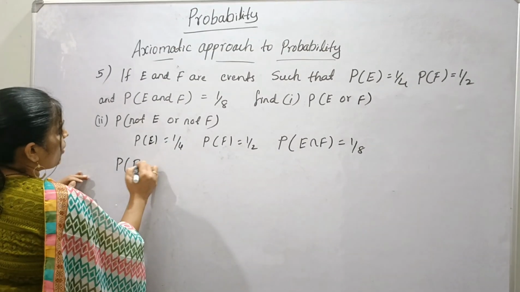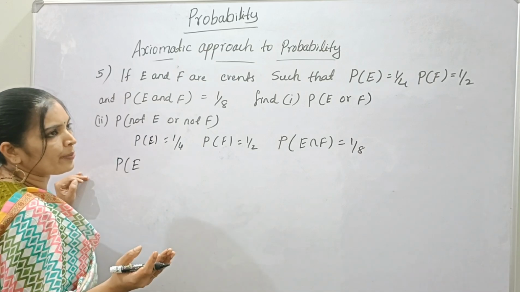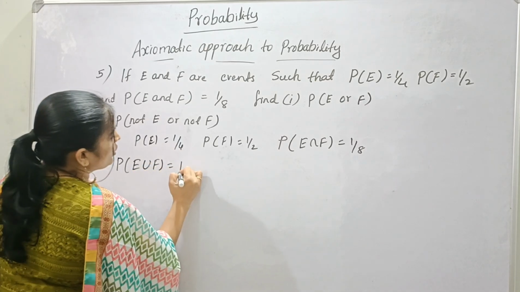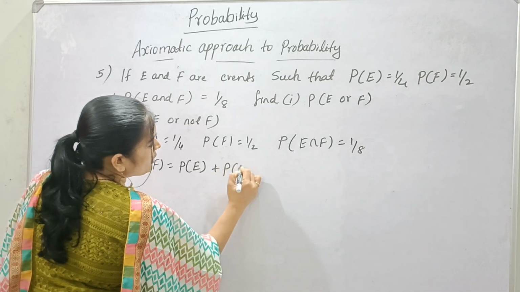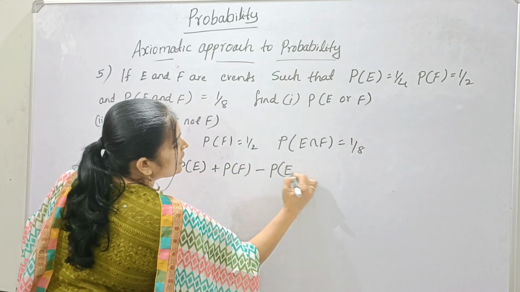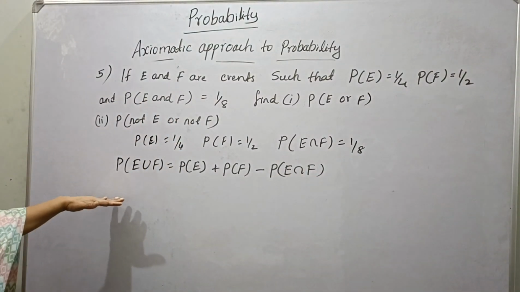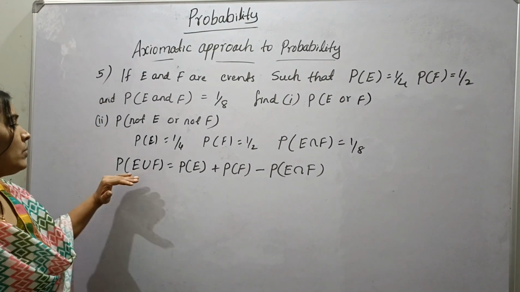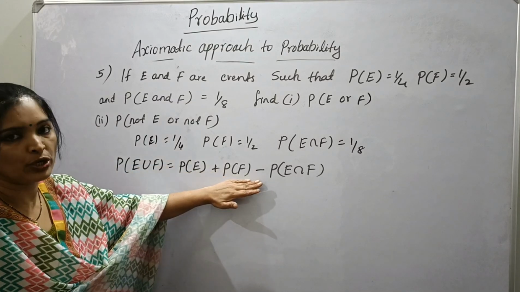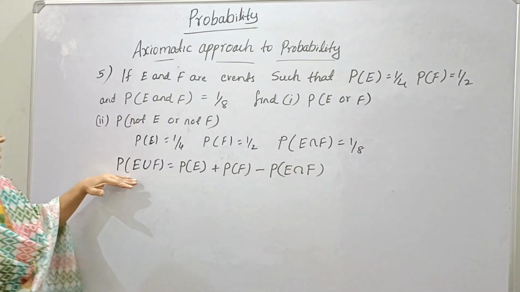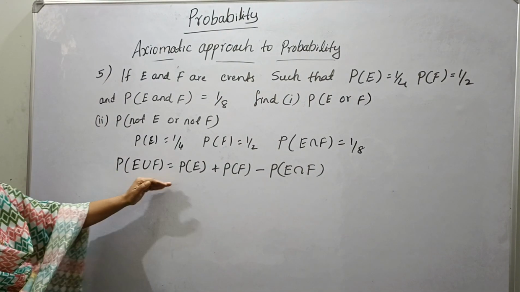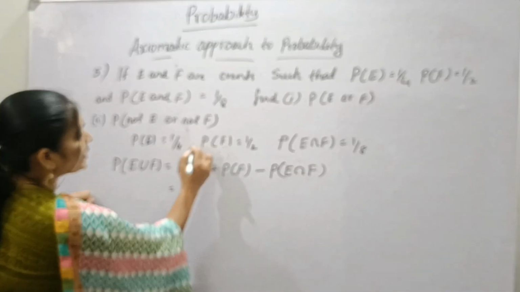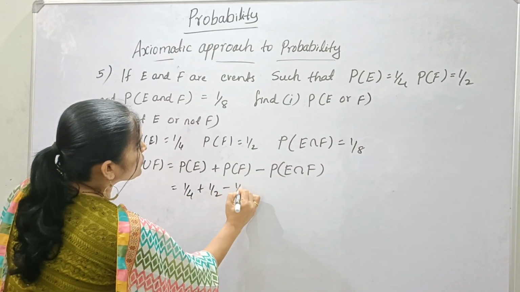We know that probability of A union B is equal to probability of A plus probability of B minus probability of A intersection B. So probability of E union F is equal to probability of E plus probability of F minus probability of E intersection F. This is the formula for any two events E and F. If E and F are mutually exclusive, then probability of E union F is equal to probability of E plus probability of F, because the intersection is 0. Here we use the general formula. Substituting, 1 by 4 plus 1 by 2 minus 1 by 8.